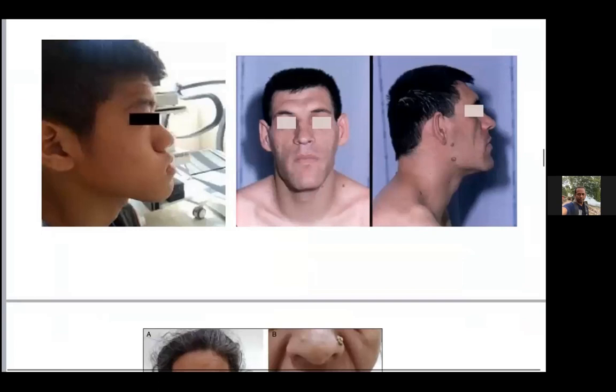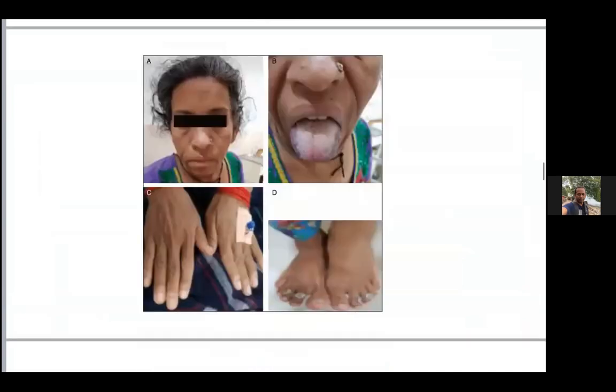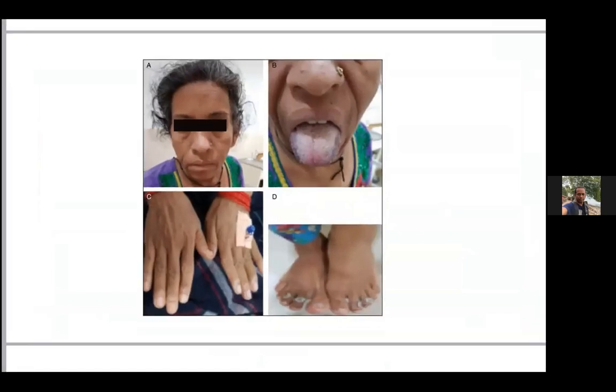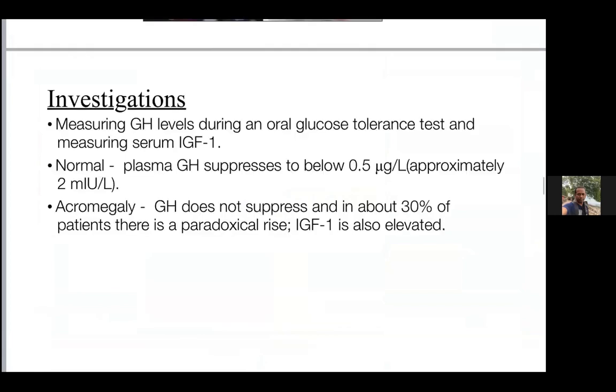This is prognathism seen in a kid. Macroglossia and acromegaly. So now that we have made a diagnosis clinically, we need to look at investigations.